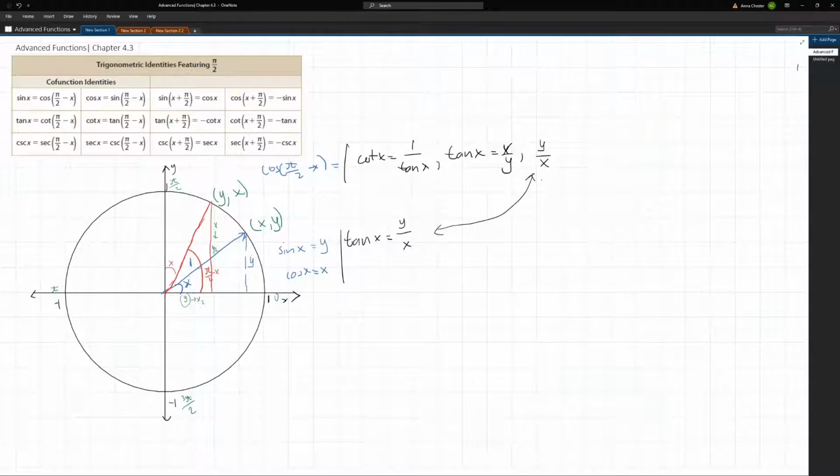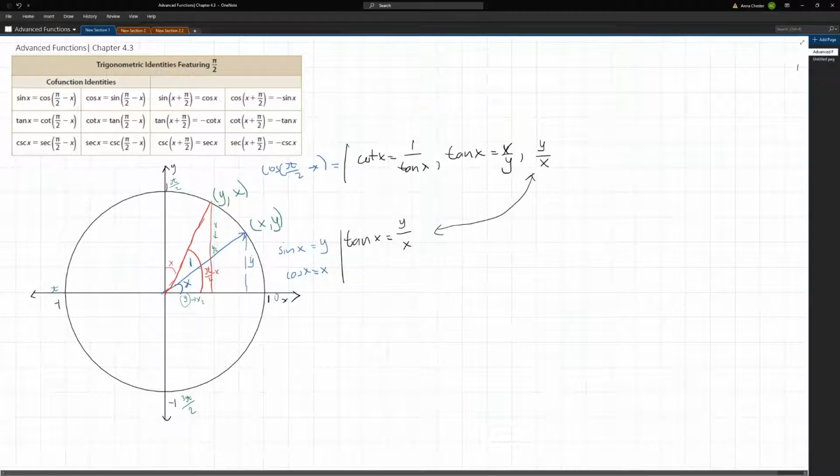Lastly, we're talking about cosecant and secant, which are the inverses of the sine and the cosine functions, respectively. However, this one is genuinely just super simple. All we're saying over here is that we found out that y over here is the same as the y we would have gotten over here. I don't know where it went, sorry about that.